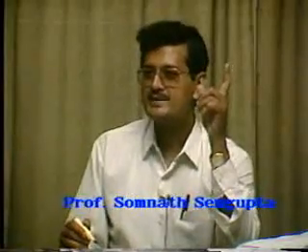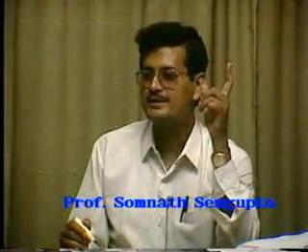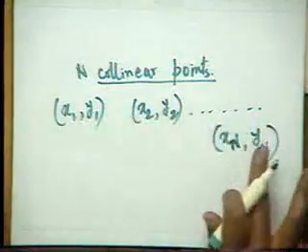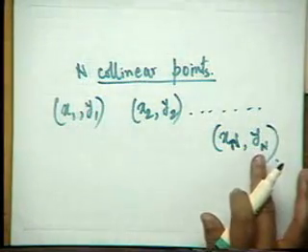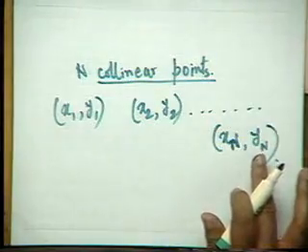Since they are collinear points, there is a real straight line that passes through these n points in the xy plane. So it is going to have one particular unique value of rho and theta. All these n collinear points will give rise to n curves in the rho theta space, and those curves will intersect at the particular value of rho theta which is the rho theta for the straight line passing through these n points. Is this clear to you now?